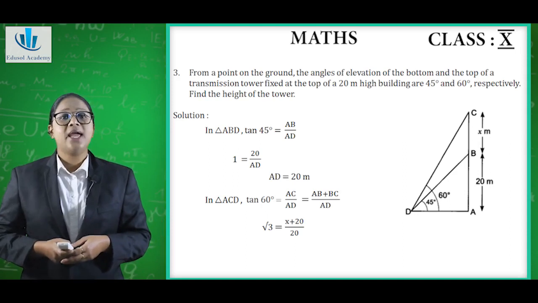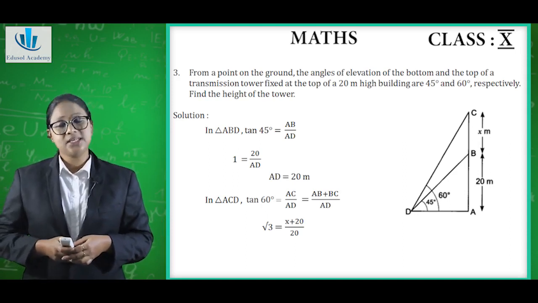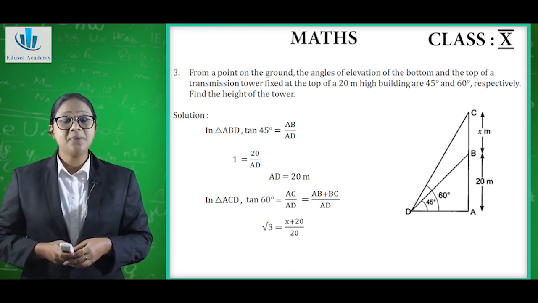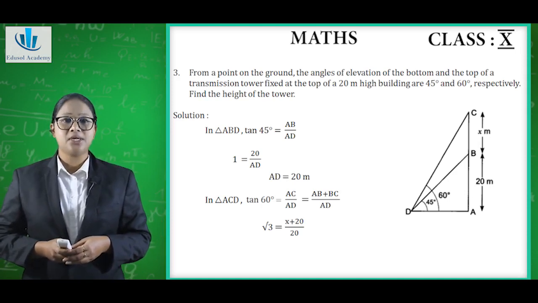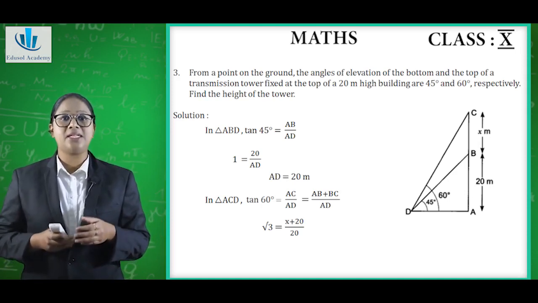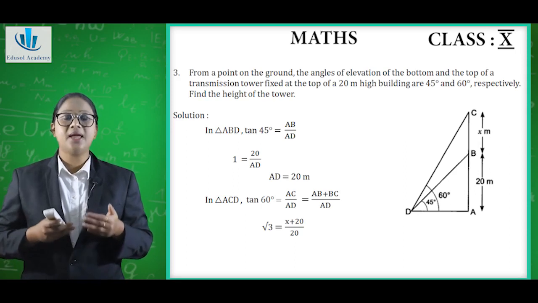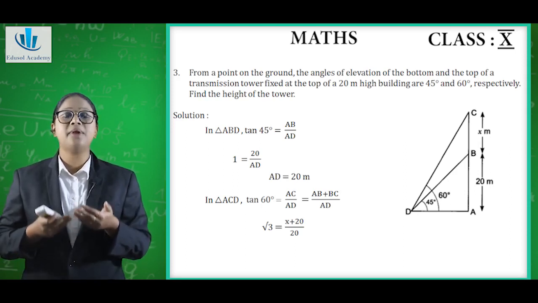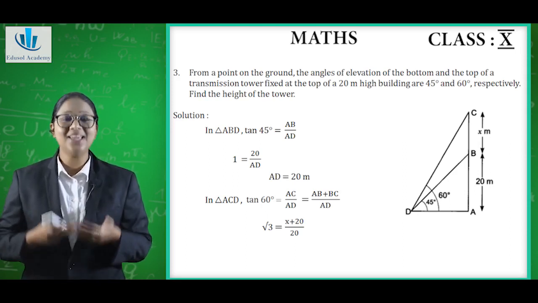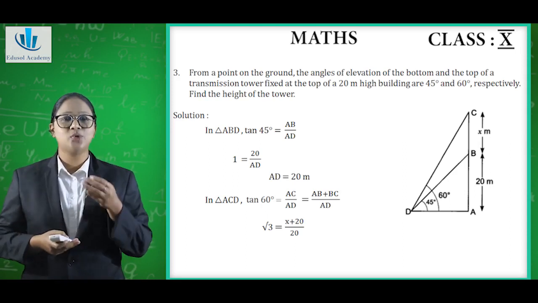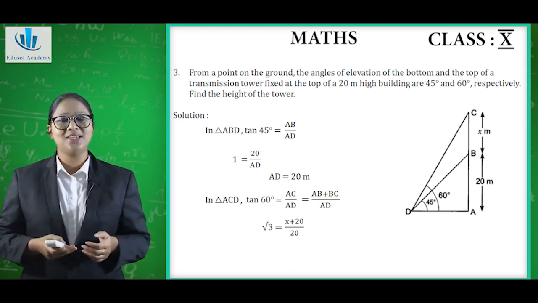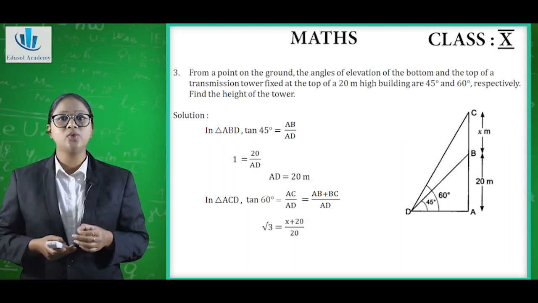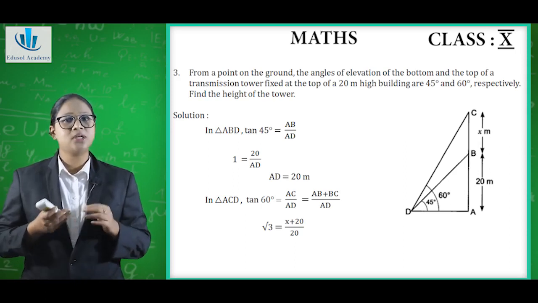Now in triangle ACD, tan 60 is equal to AC by AD. AC can be written as sum of AB and BC. So AC by AD is equal to AB plus BC by AD. Now that is equal to root 3.